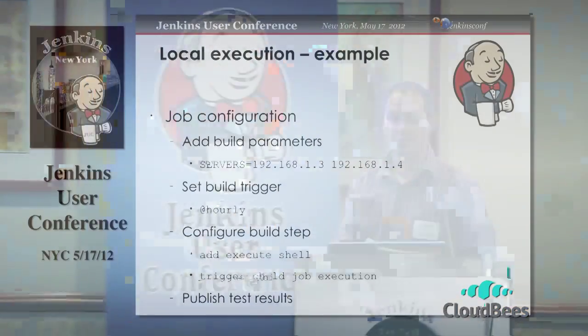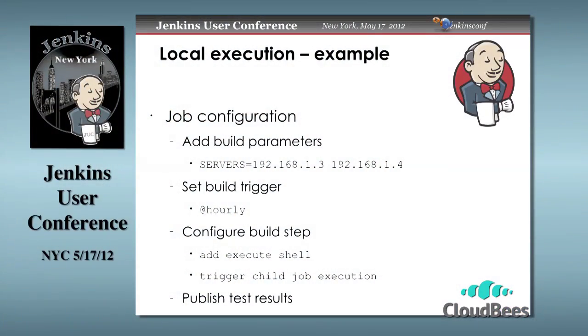Yeah. So how does the configuration of the job for the testing purposes look like? The configuration of a job for the testing purposes is really the same as the configuration of a job for building purposes. We are using all the Jenkins features as are used for building. So we have some build parameters, we have some build scheduling, we have build steps where we are running the tests, and then we are publishing test results.